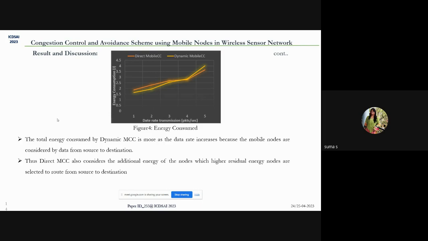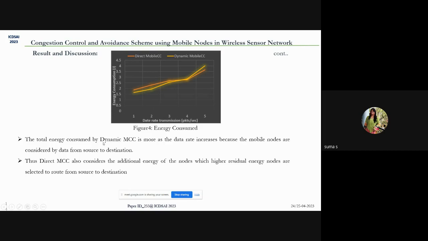Direct mobile congestion considers additional resources and uses the residual energy of the nodes that are selected. So we can see that the energy consumed by dynamic mobile congestion is more compared to direct mobile congestion control.